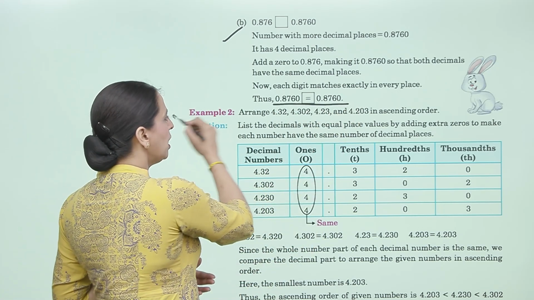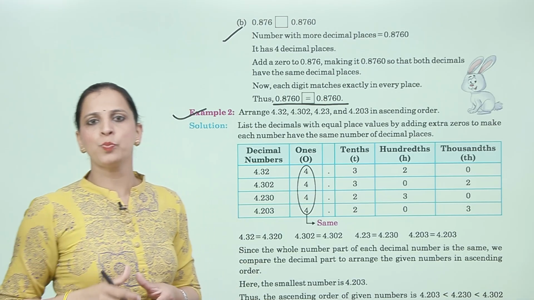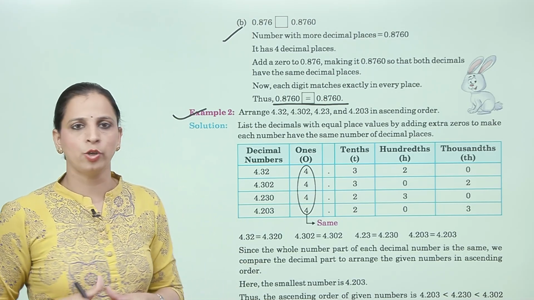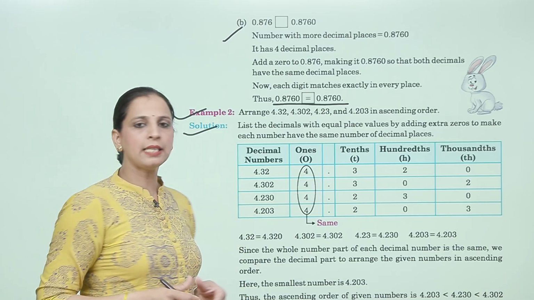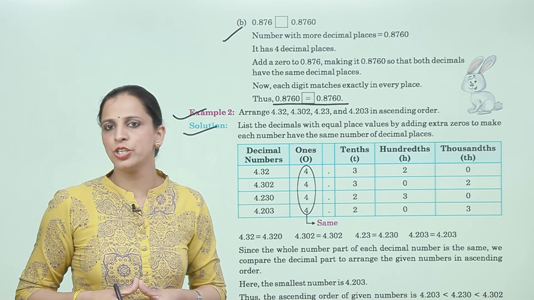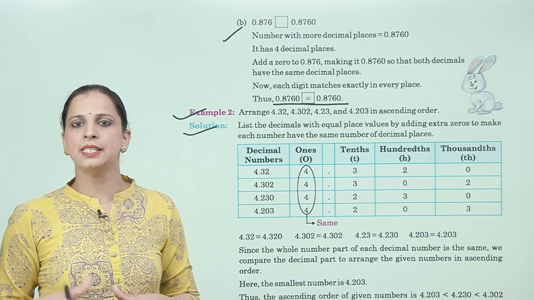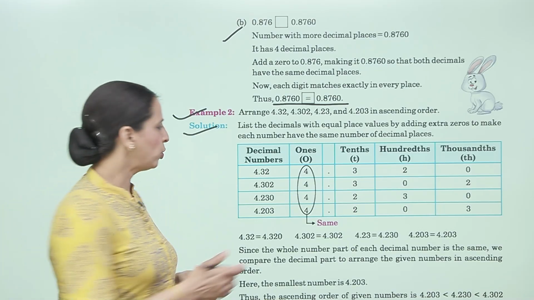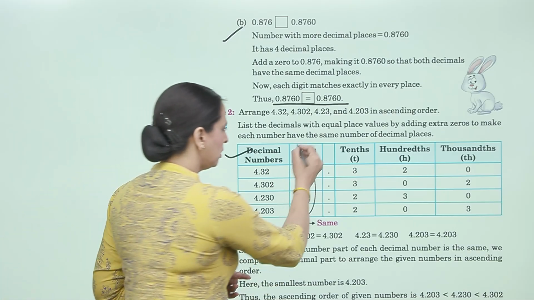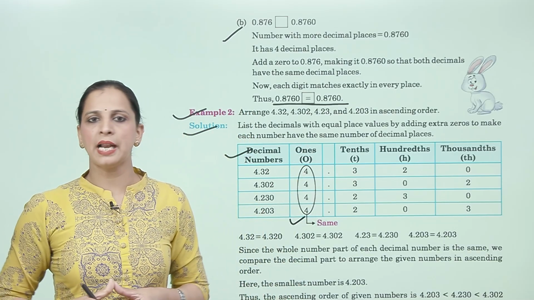Now example 2, arrange 4.32, 4.302, 4.23 and 4.203 in ascending order. Now solution, list the decimals with equal place values by adding extra zeros to make each number have the same number of decimal places. Now in the decimal numbers, every digit has the same number at the ones place.